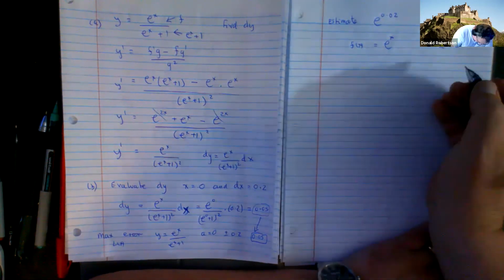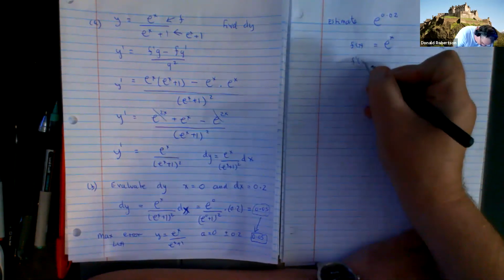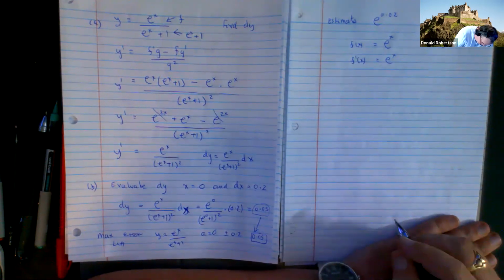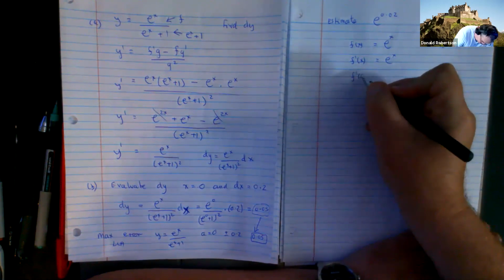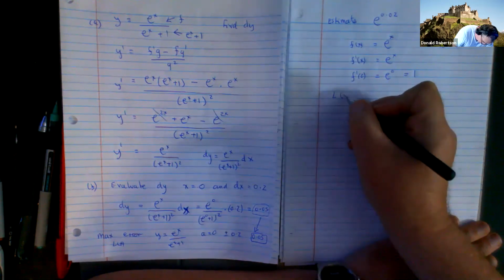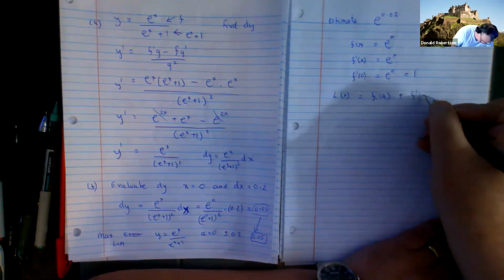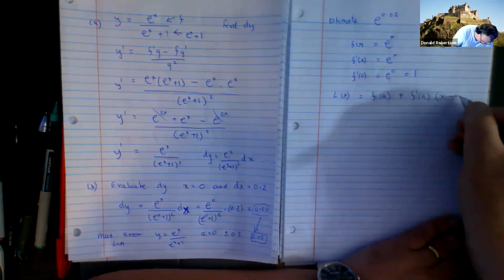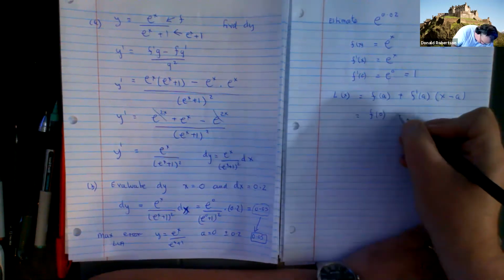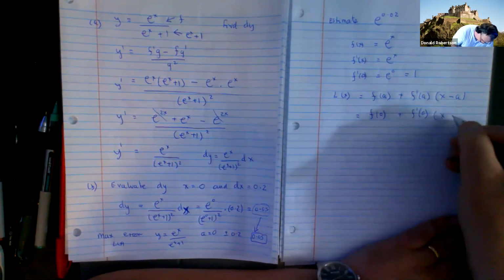So what I can now essentially do is put these things together and get a linear approximation. So I've got this guy, his derivative is the same. The derivative at 0 is e to the 0, which is 1. The linear approximation function is f of a plus f dashed of a, x take away a. So it's going to be the value of the function at 0, the derivative at 0, x minus 0.